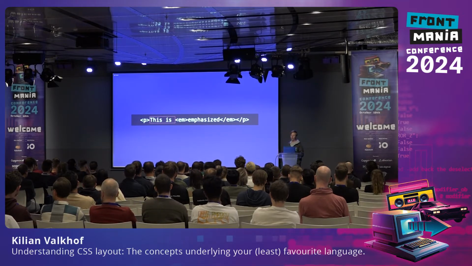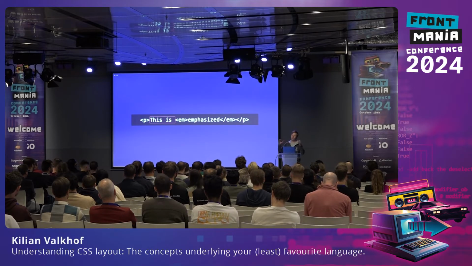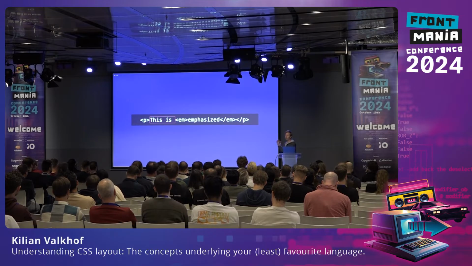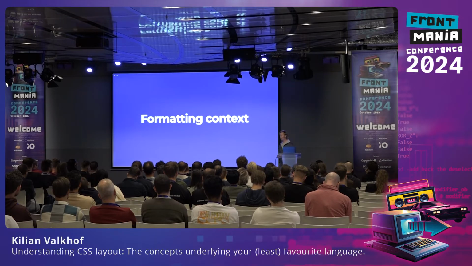Now in this case, it will be an anonymous inline box because the browser looks at where it is positioned. It's positioned next to another inline box. And then it knows that this anonymous box also needs to be inline because they need to be side by side. Now this is called the formatting context of the element.